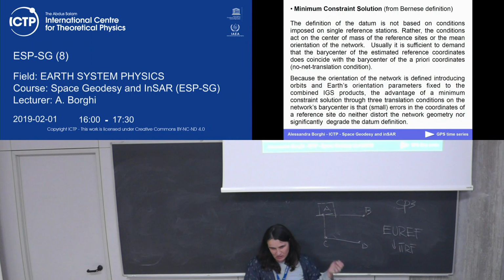So the observations of this station are not as reliable as the observations of, for instance, the stations that are working without any problem. In this case, if you fix the coordinates of this point, you introduce an error, because we compute the distance. Okay, the orbits are fixed. If you fix this one, the observations have to adjust to fit it. You introduce this error in all your network processing.